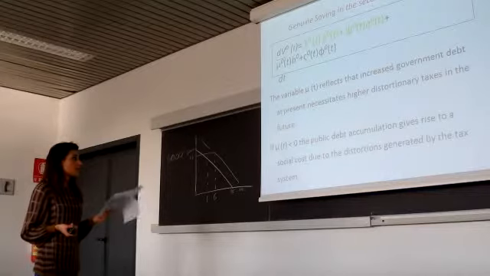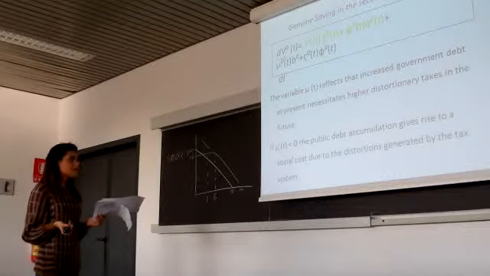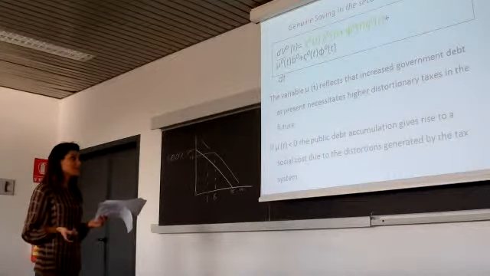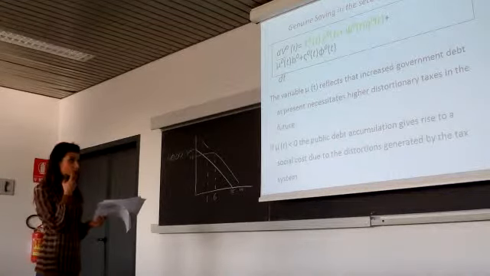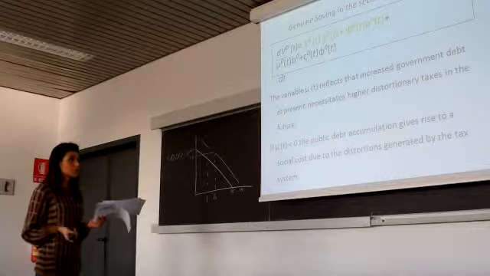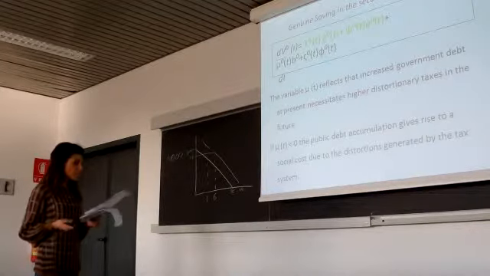So as I said before, when the marginal excess burden is negative, the public debt accumulation gives rise to a social cost due to the distortions generated by the tax system.